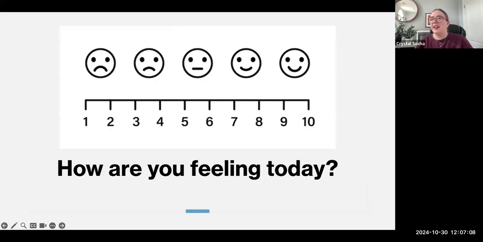I see 9. Oh, the 8 ball, that was clever. The 9 with the pumpkin for Halloween. Lots of different emojis. I love that we can add emojis on here. I see mixes of 5, 6, 7s, 8s, feeling well, feeling like an 8.